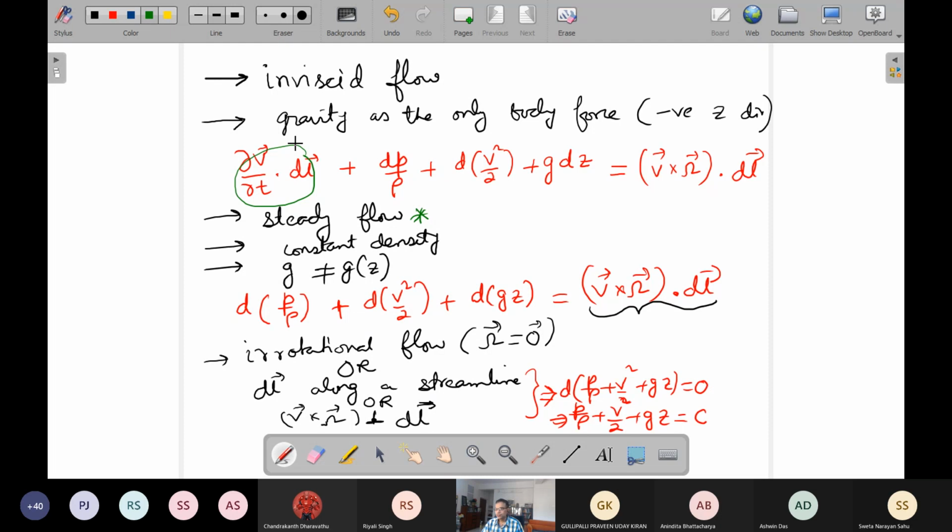Now I asked you one of the key questions: other than constant density, do you have other possibilities for which you can write dp by rho as d of p by rho? Any one of you want to give an explanation to this?